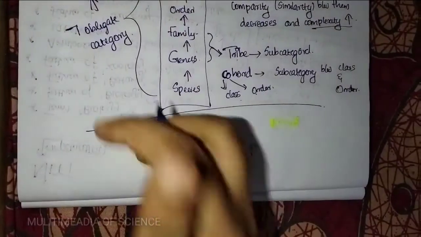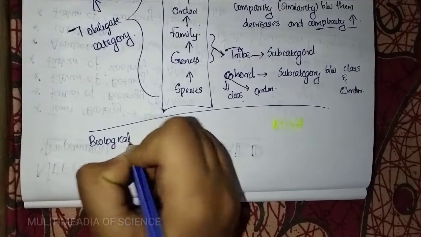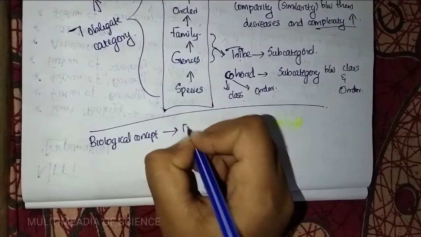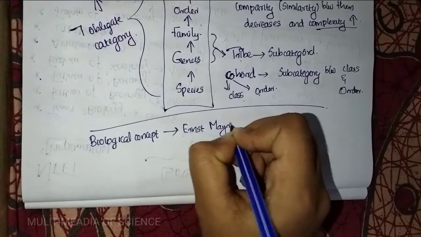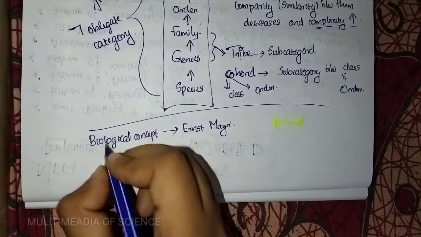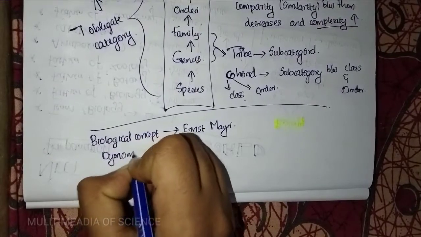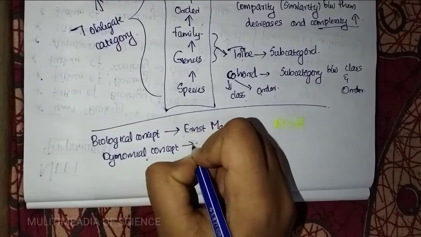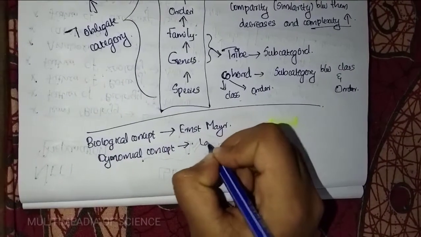Next is about some concepts. The biological concept of the species was given by Ernst Mayr. Next is the dynamical concept. This dynamical concept, dynamical meaning changeable, was given by Lamarck.